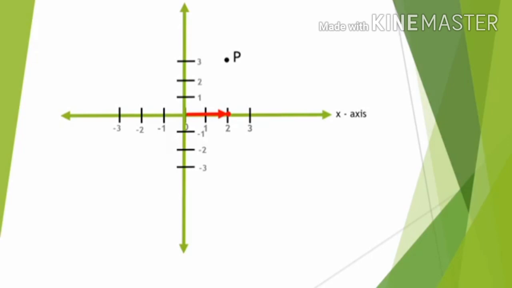This horizontal axis is called the x-axis, and this one, which is vertical, is called the y-axis. Now we can give an identity to the point P. It is 2 units apart from the positive x-axis and 3 units apart from the positive y-axis. So the coordinates of point P are (2, 3).